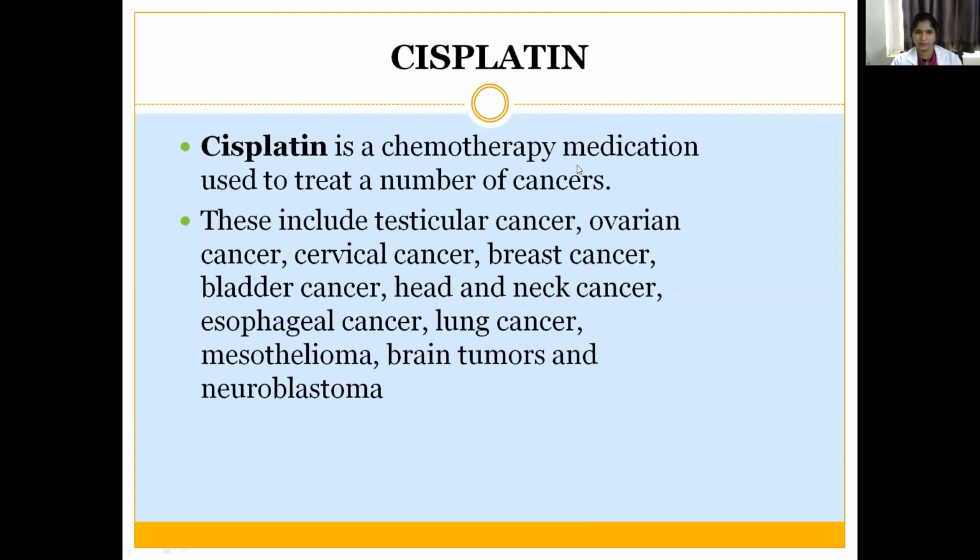Cisplatin is a chemotherapy medication used to treat a number of cancers such as testicular cancer, ovarian cancer, cervical cancer, breast cancer, bladder cancer, head and neck cancers, esophageal cancer, lung cancer, mesothelioma, brain tumors, and neuroblastoma.